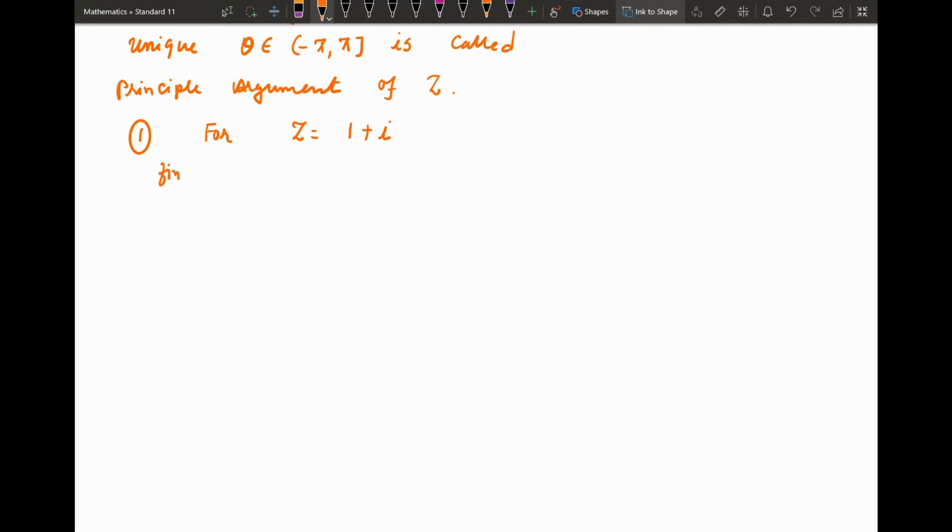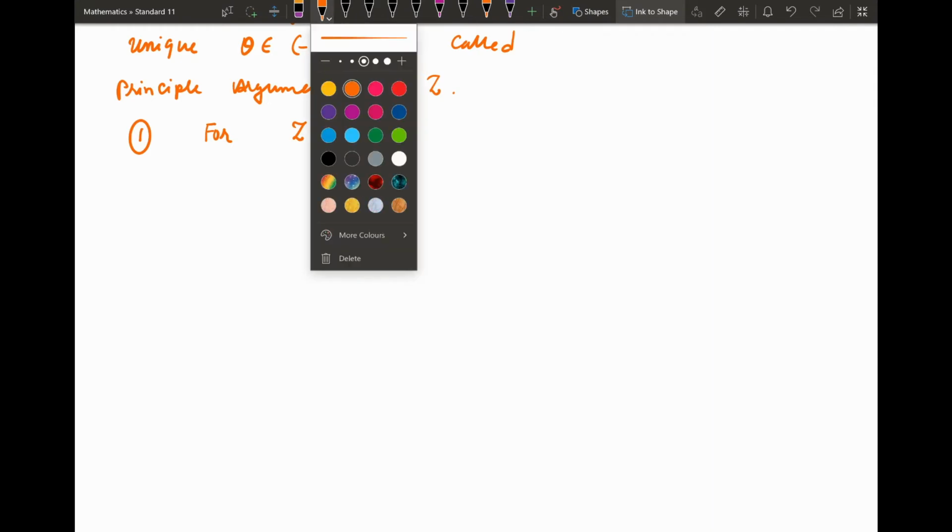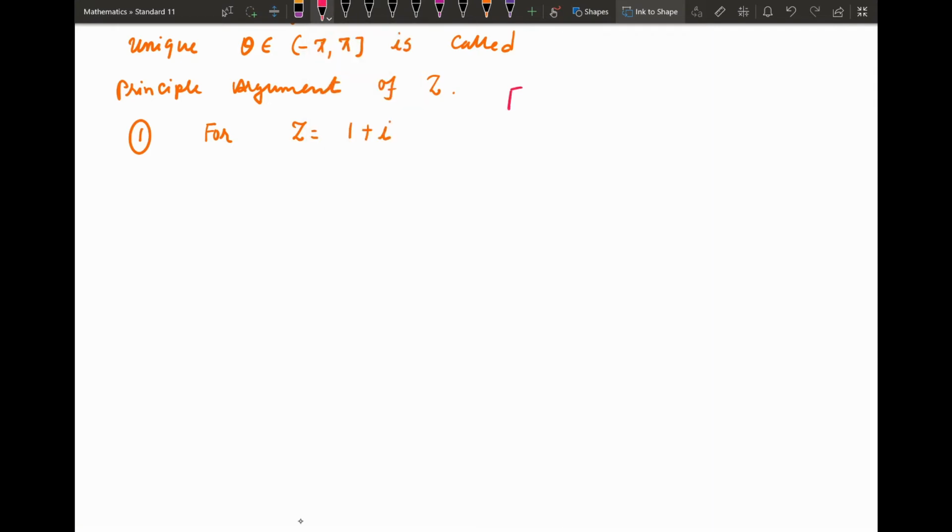Find out the modulus and principal argument of the following complex number.